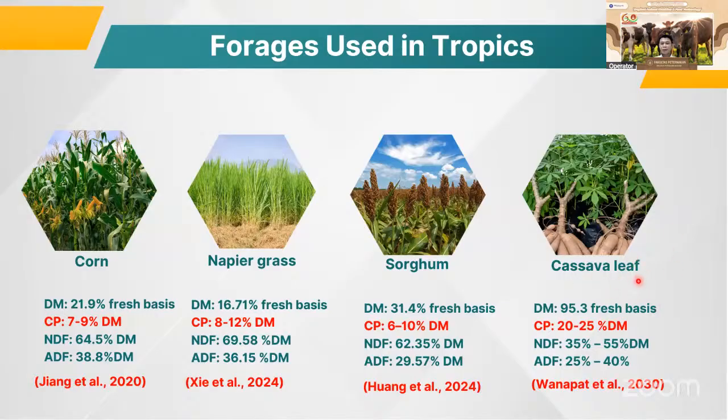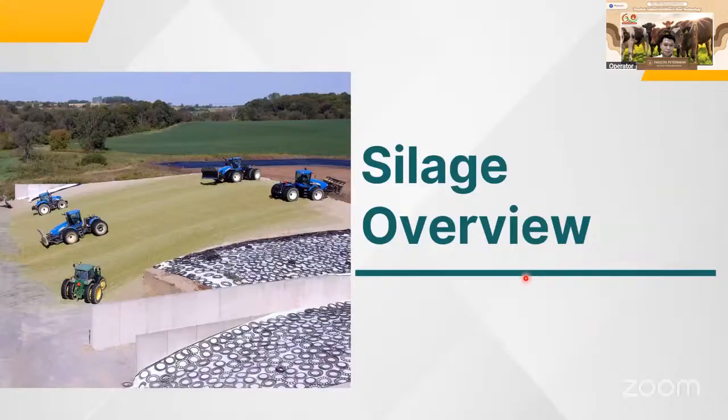However, the cyanide content may affect the animal, so before feeding, we should consider a proper method. Let's now review the basic background of silage production.